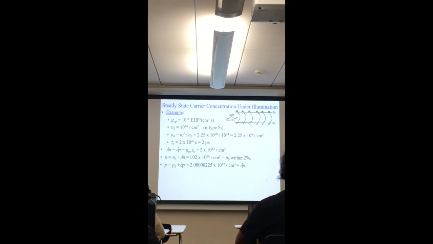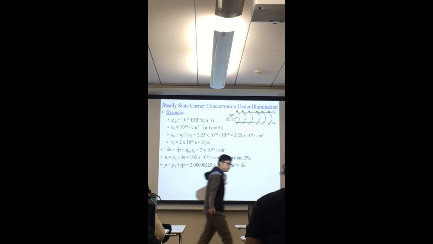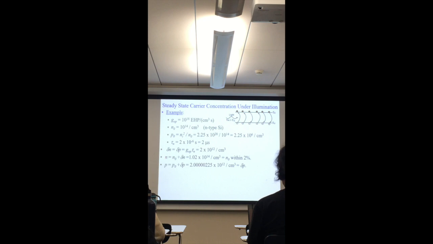So the steady state carrier concentration is basically the equilibrium plus the excess term. We can do this for electrons and do this for holes. Now we can compare these values with the equilibrium value. For example, the electron concentration is almost the same as the equilibrium value.